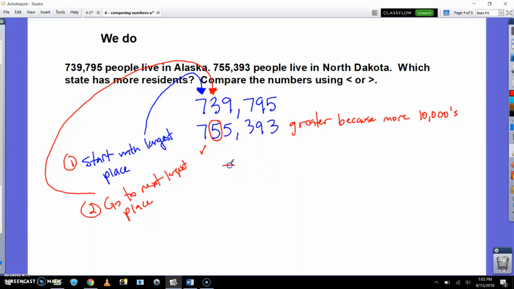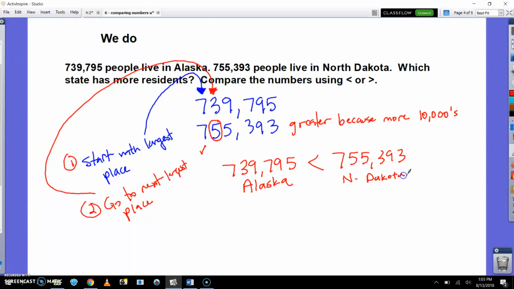So now I know that 739,795 is less than, so it gets the sign with the smaller end, less than 755,393. So that means that fewer people live in Alaska and more people live in North Dakota.